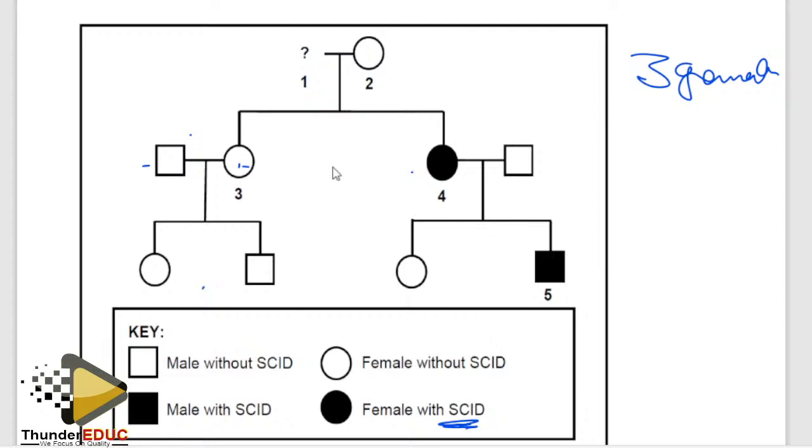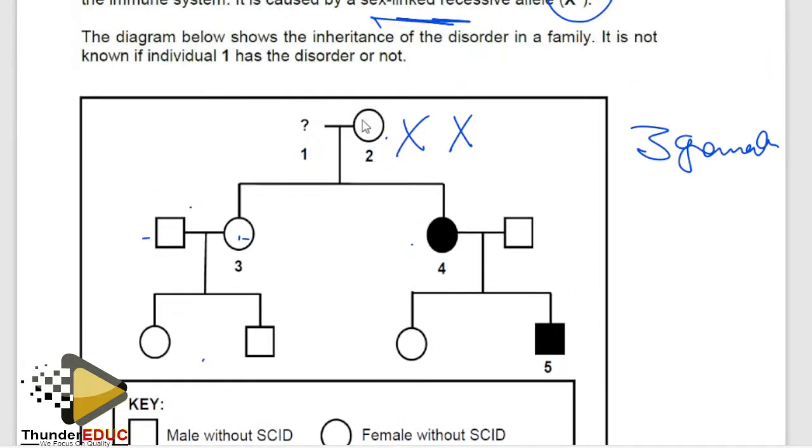Okay, this one is XX, but this person is normal, therefore it's going to be capital D. I don't know whether it's going to be capital D, small d, or capital D, capital D, but they produced a kid who is sick. Therefore this kid is sick with, don't just say sick, with what? With the disease, ne? So automatically one came from the father, one came from the mother.